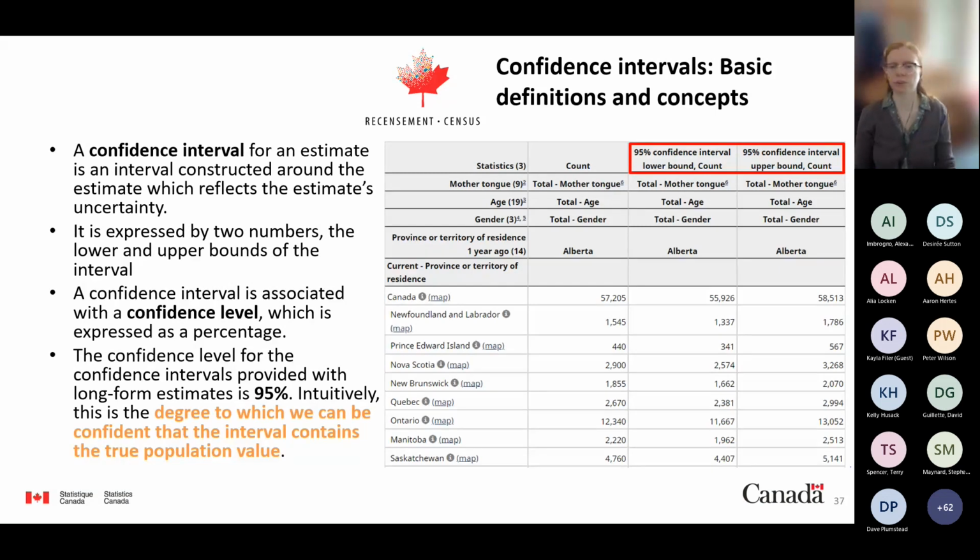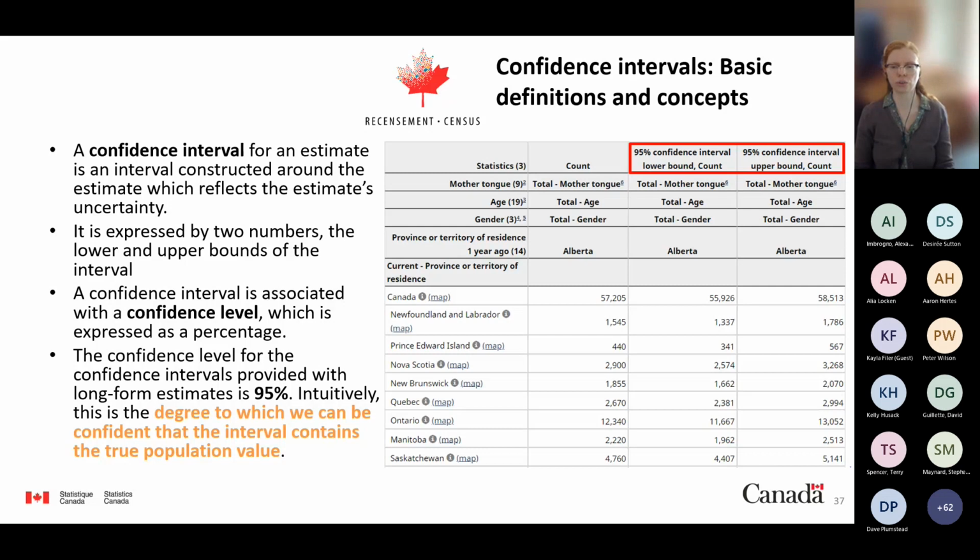So next we'll go over some basic definitions and concepts related to confidence intervals. And the table on the right of the slide is a snippet of a table with mobility data on the website, showing confidence intervals in the second and third column.